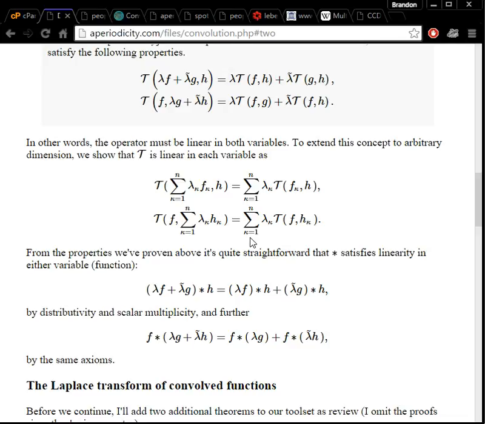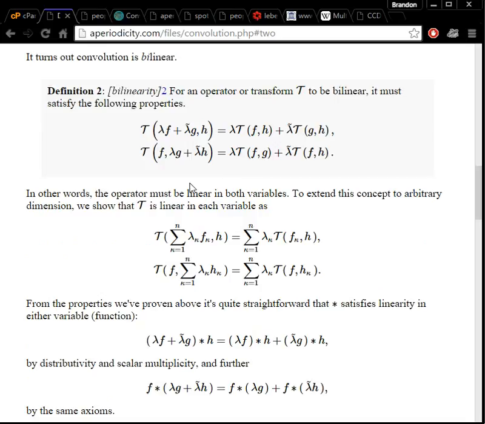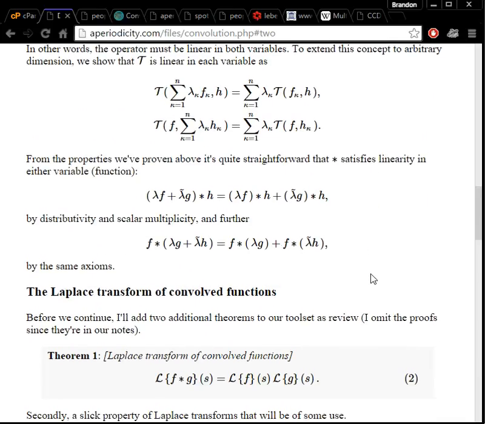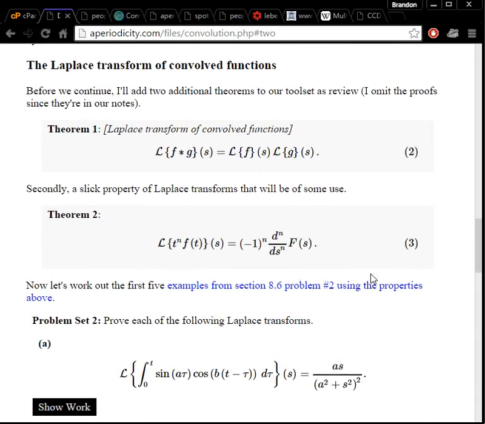I can't wait to learn about it in future classes, but for now, I think these are the necessary conditions extended from the bilinear definition. Now we're going to utilize two more theorems in the 5 problems that follow that I decided to work out in this video.